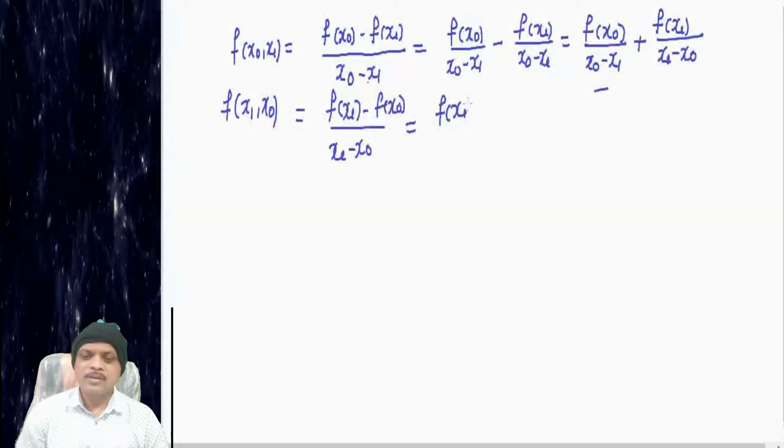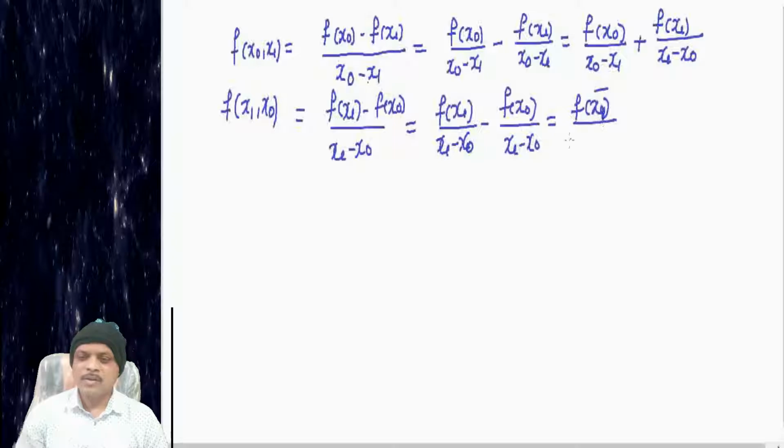Separating the numerator, f of x1 divided by x1 minus x0 minus f of x0 divided by x1 minus x0, equal to f of x1 divided by x1 minus x0 plus f of x0 divided by x0 minus x1.